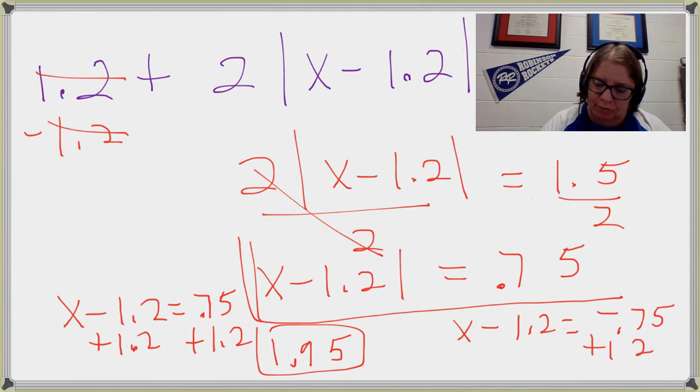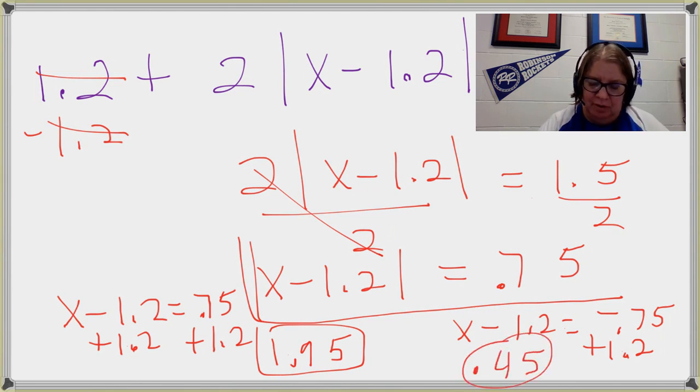Add 1.2. And this side's going to be 0.45. So your friend is either 0.45 miles from the beginning of the trail or 1.95 miles from the beginning of the trail. All right, let's keep going.